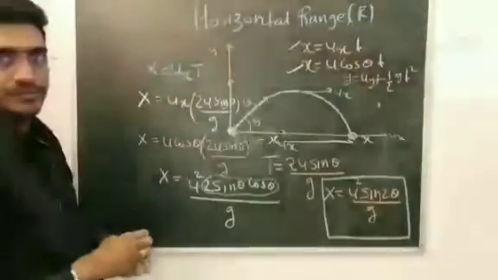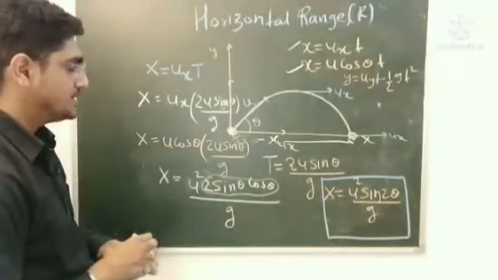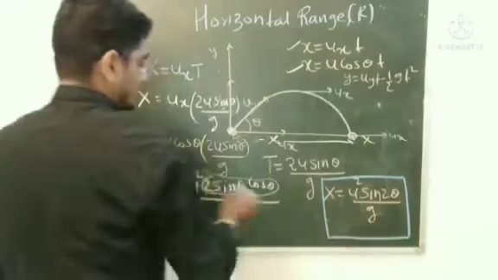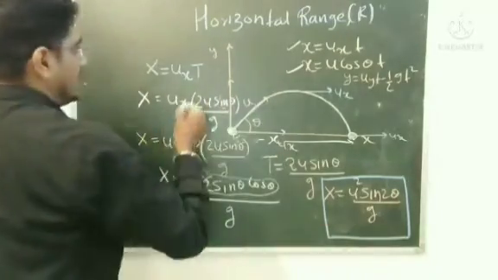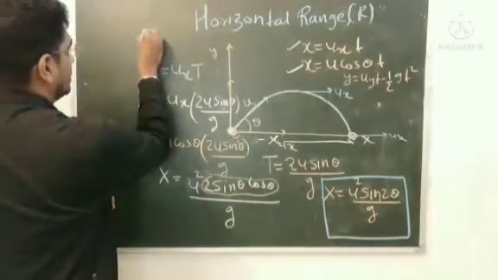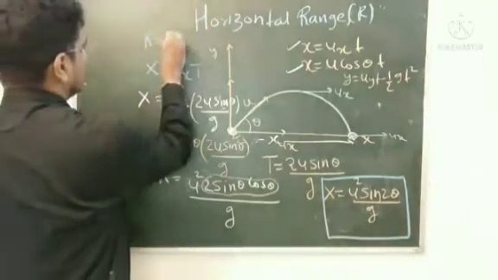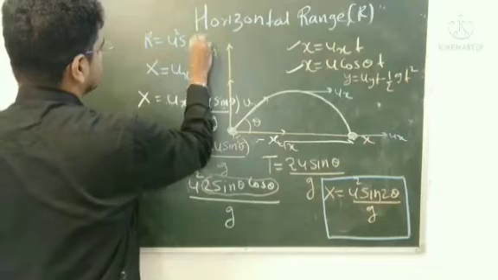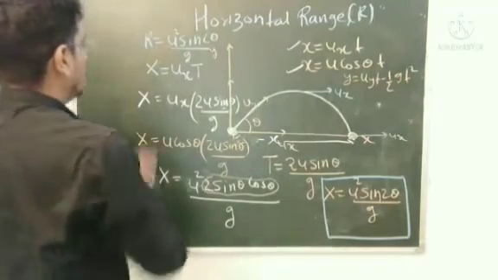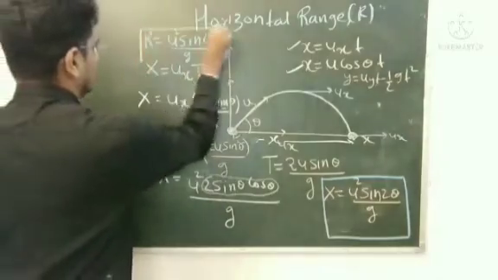This is the expression for range. We call it horizontal range. In place of x we can also write R, because range can be denoted by R. So basically R equal to u square sin 2 theta by g. This is called the horizontal range of the projectile.